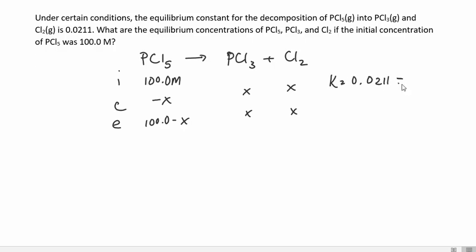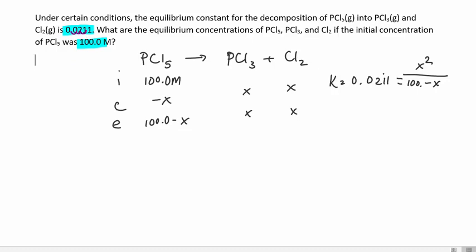So we have the x squared on top. This time we have 100 minus x on the bottom. Now our K value and initial concentration are more than 1,000-fold different. If I multiply K by 1,000, I get 21. And that doesn't hit my initial concentration yet, so I should be able to simplify.